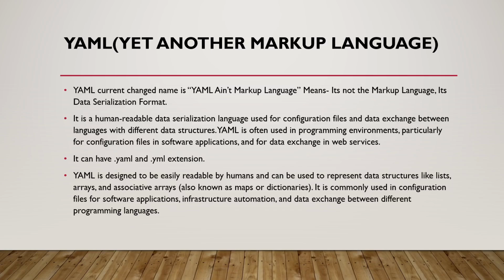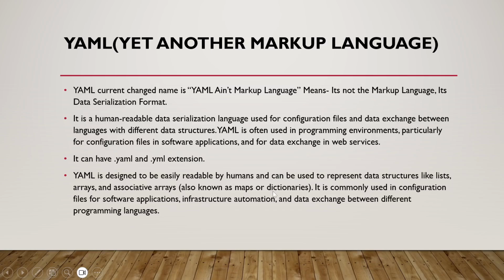It's a human-readable data serialization language used for configuration files and data exchange between languages with different data structures. YAML is often used in programming environments, particularly for configuration files in software applications and data exchange in web services. It can have a .yaml or .yml extension. The extension is very important here, so you have to remember that.